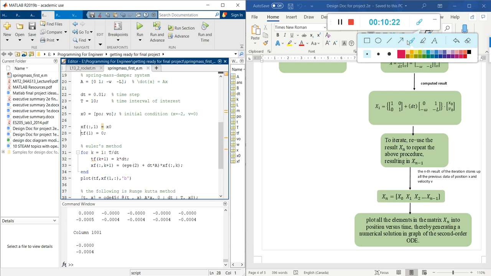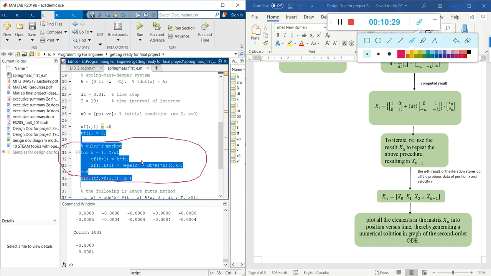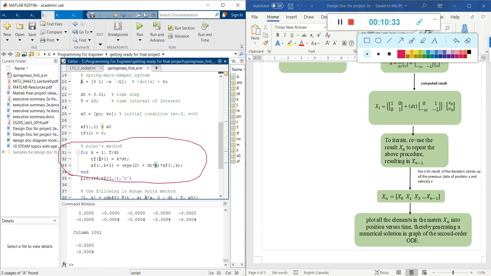In a for loop, I repeat the computation, and every single computation would be collected into vector xf, so that in the end I can plot position versus time.